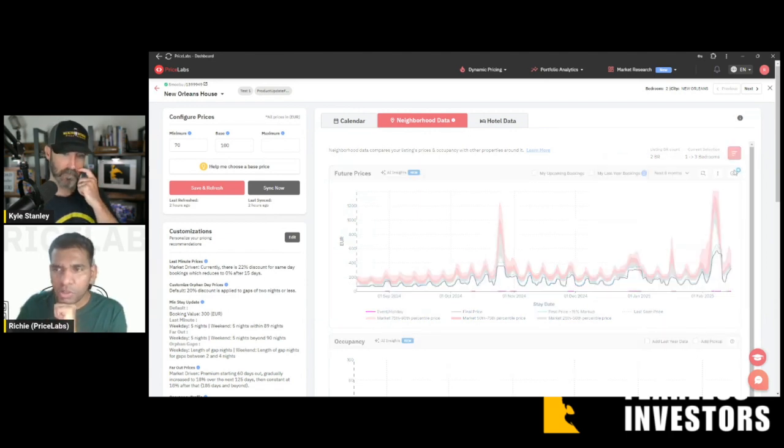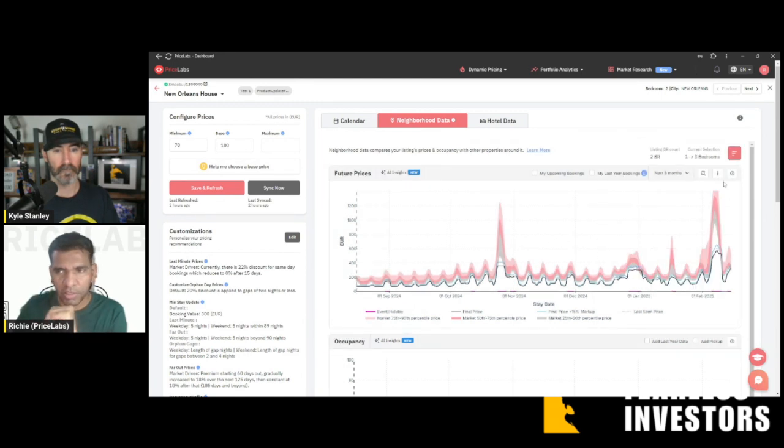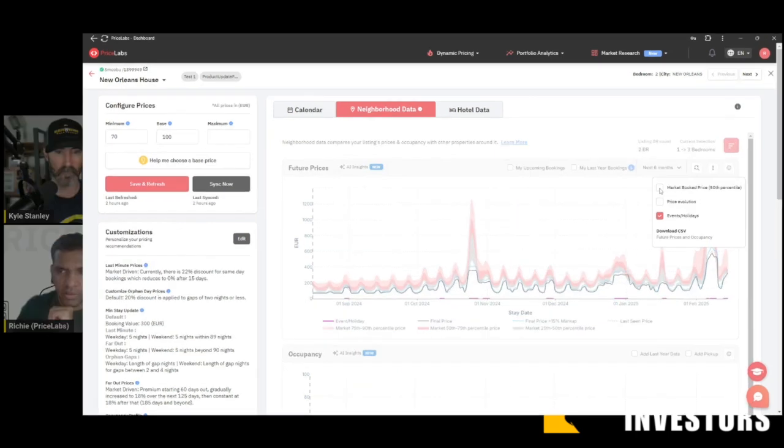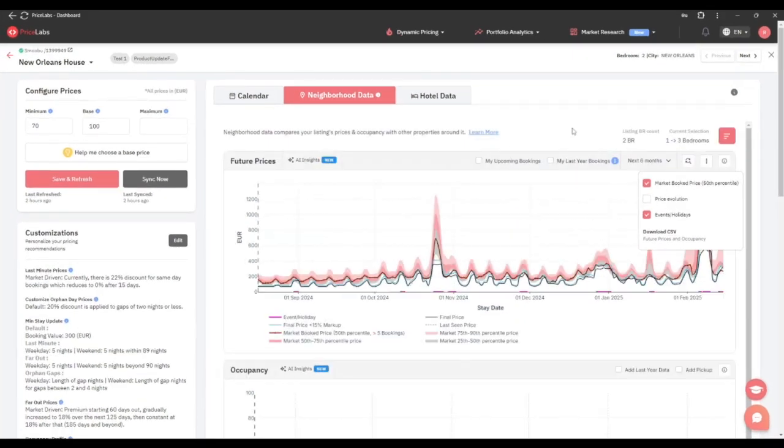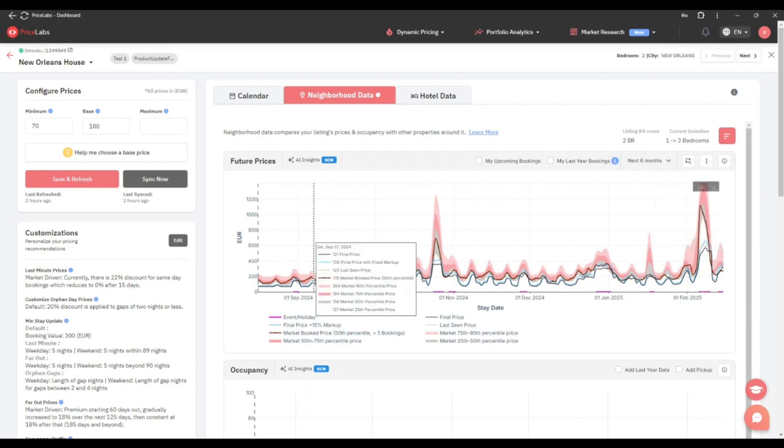Along with that, what you can also now do is, we used to show you all the listed prices, and based on that, where are you in terms of listed prices? But we've also introduced a market booked price, 50th percentile. What that allows you to do, if you click that, is to see where the market is currently booking at the 50th percentile.